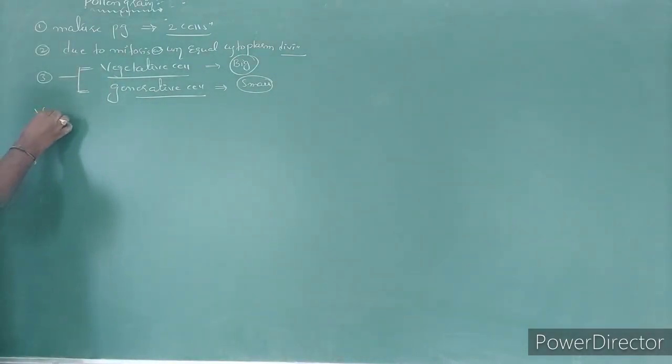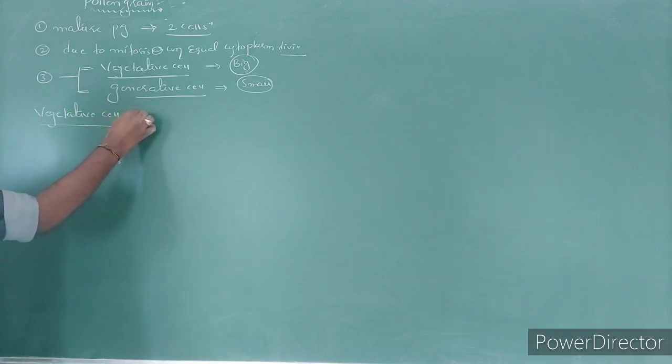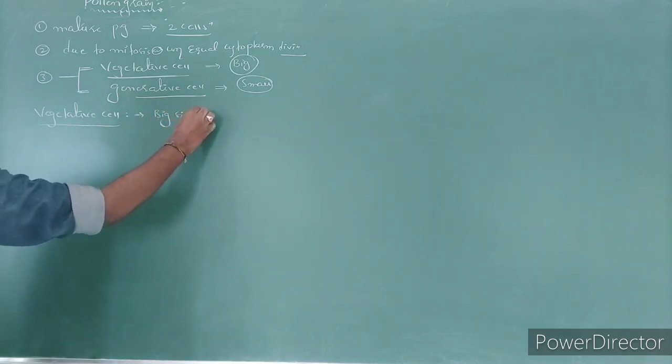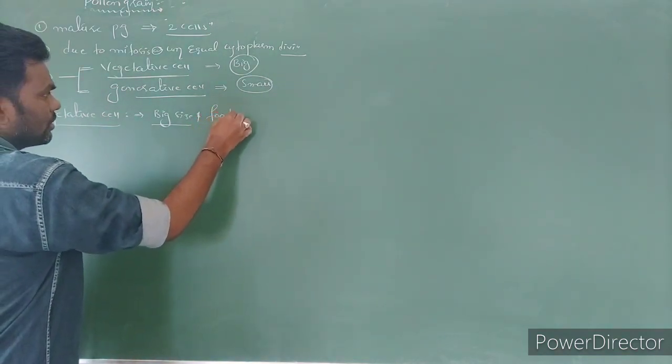So let's write some points regarding the vegetative cell. The vegetative cell is big in size, and you can see a large amount of food molecules are present.